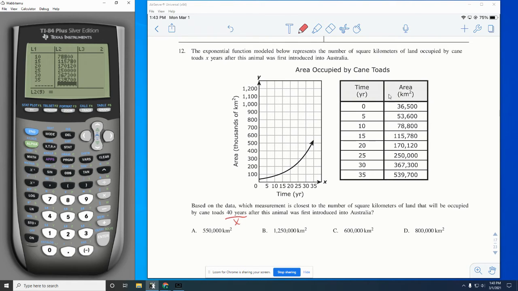All right, so I'm typing this table into Stat Edit because a table is kind of the easiest way for me to be able to find something quickly.